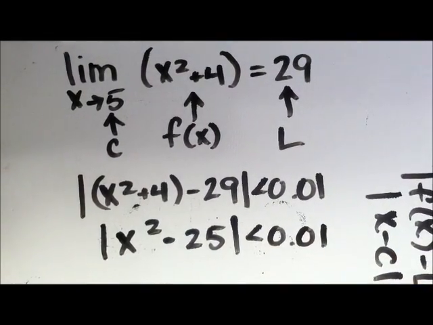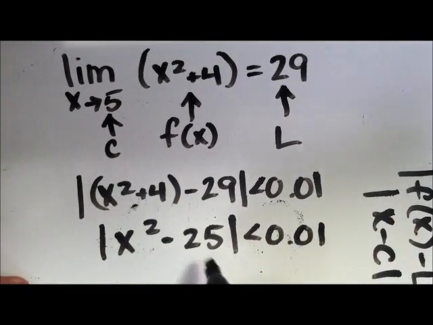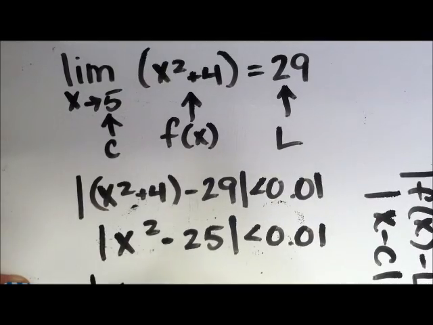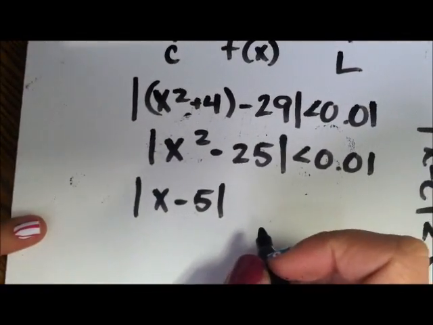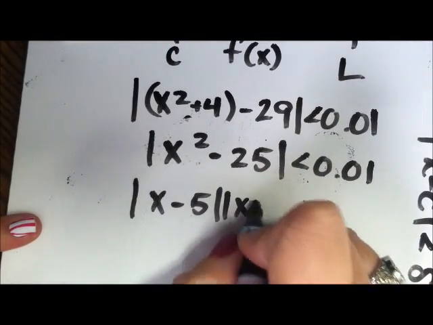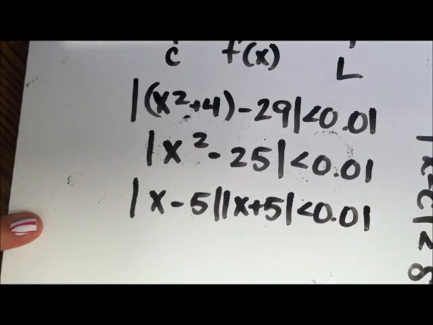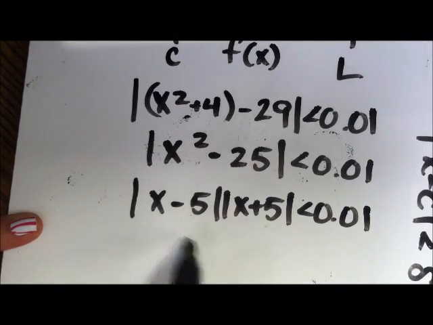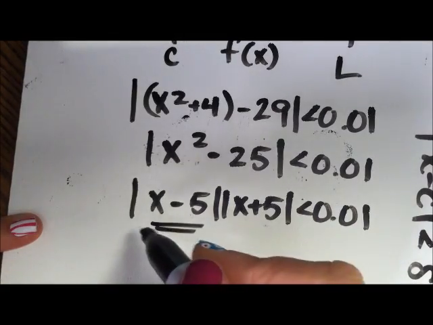I can factor this into the absolute value of x minus 5 times the absolute value of x plus 5, less than 0.01. And this is good because I see my goal in sight. Do you see that this is matching my goal?